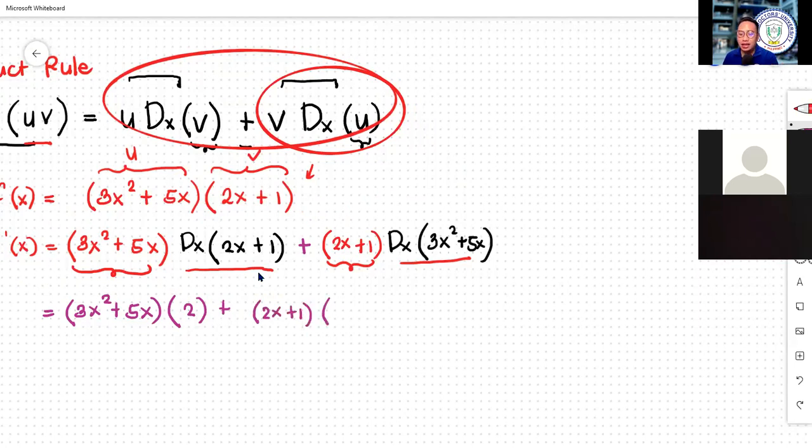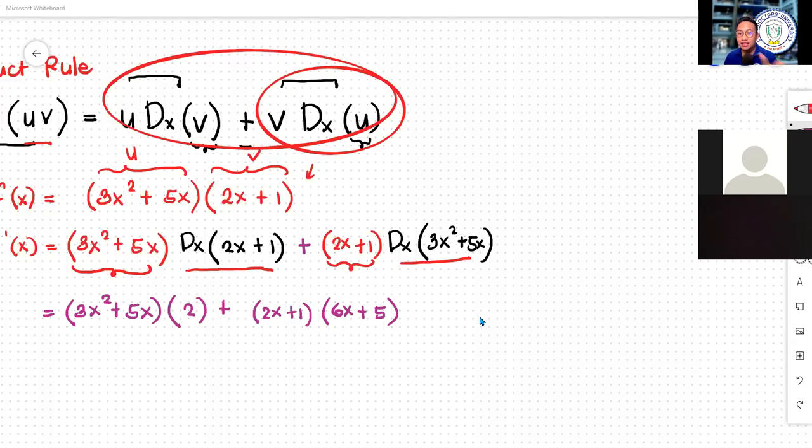This time, we're going to take the instructions that you need to get the derivative of 3x squared plus 5x. X plus 5. Right? It's plus, Eliza. I think typo na. Okay, it's 6x plus 5.